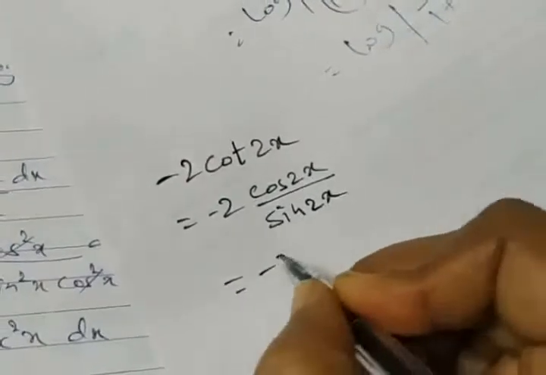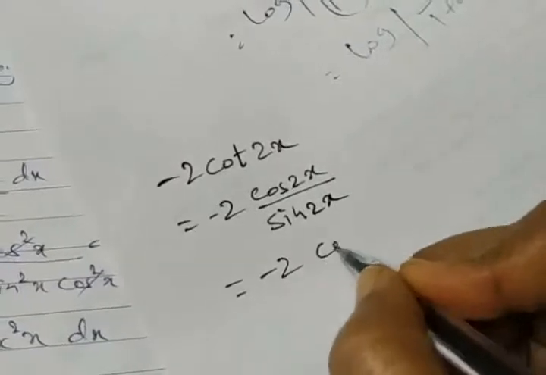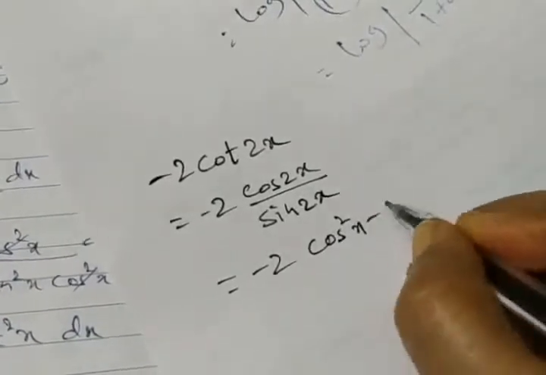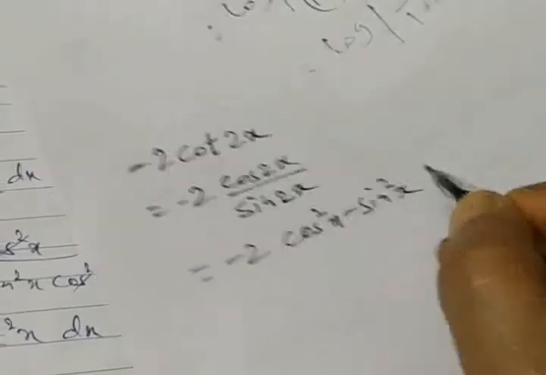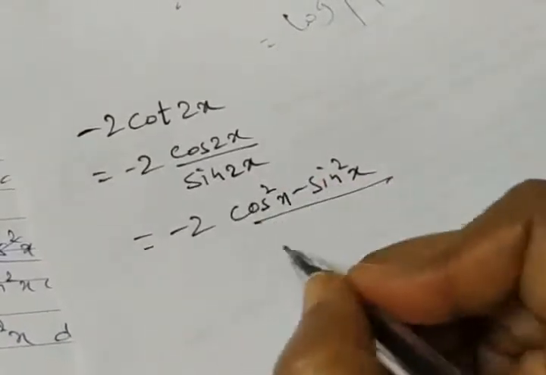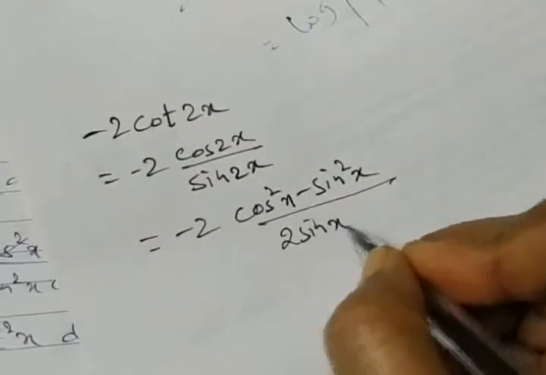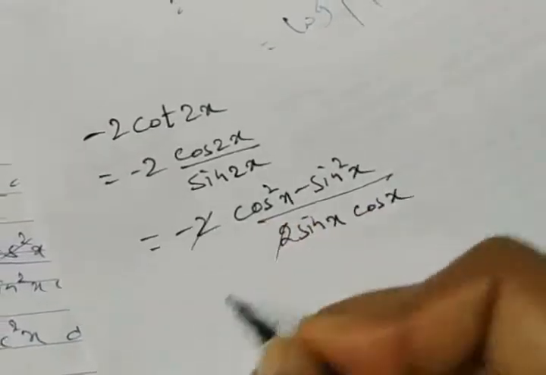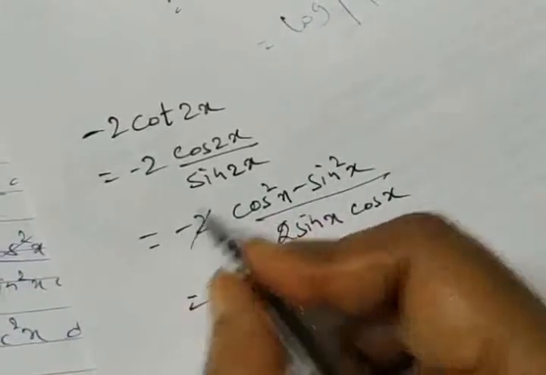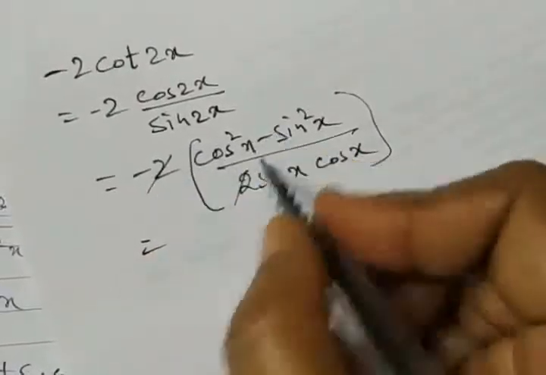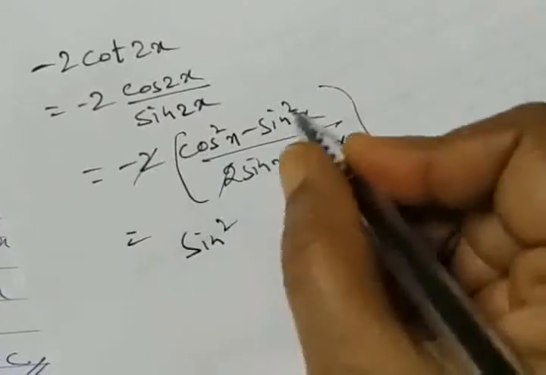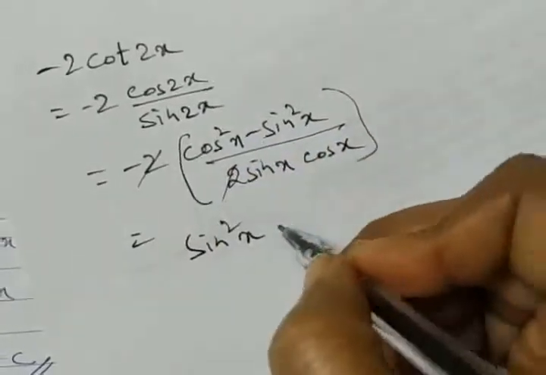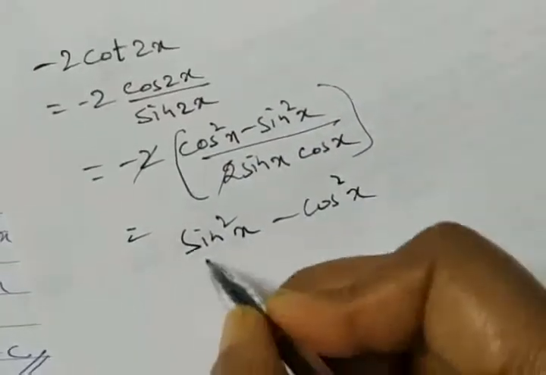So minus 2 kept as it is. Cos 2x can be taken as cos square x minus sin square x. Isn't it? Denominator sin 2x can be taken as 2 sin x cos x. So 2 gets eliminated, and here minus can be very well balanced because we have a whole term here. So the minus reverses the terms, we are left out with plus sin square x minus cos square x.